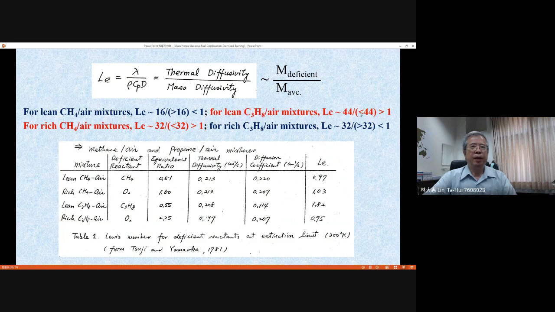Therefore, in the denominator, the value should be less than 44. Then you can see the Lewis number is larger than 1.